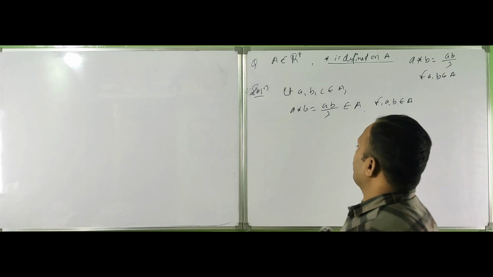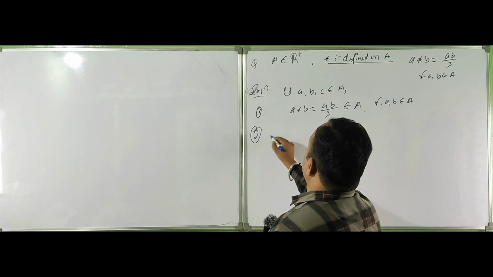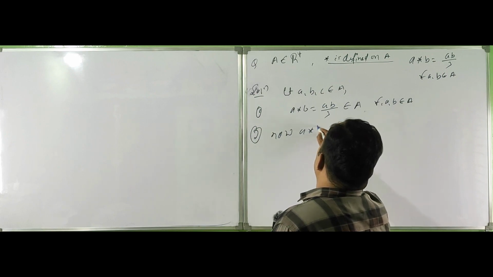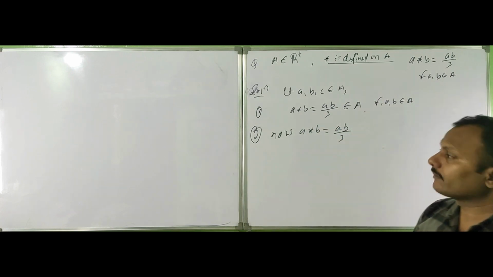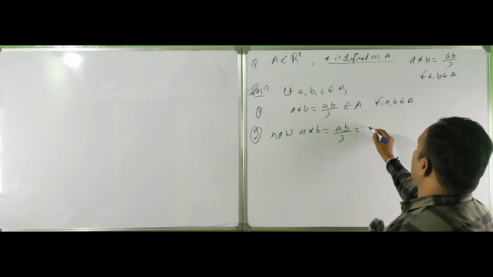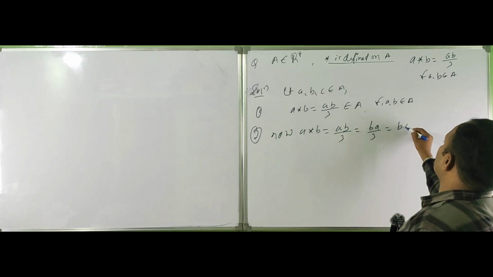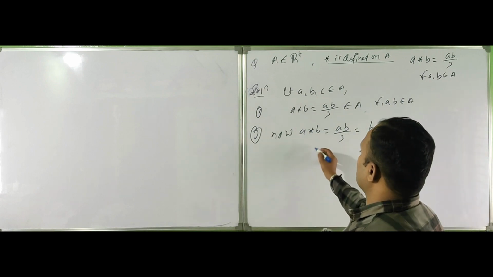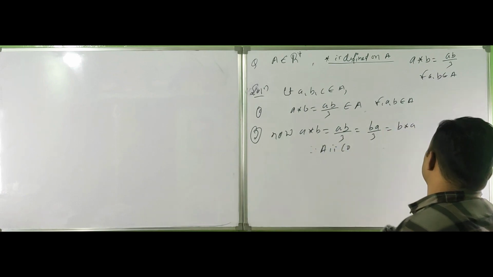Second is commutative. Now A star B is equal to AB by 3, as given. This I can write as BA by 3, which is equal to B star A. Therefore, A is commutative, or abelian.